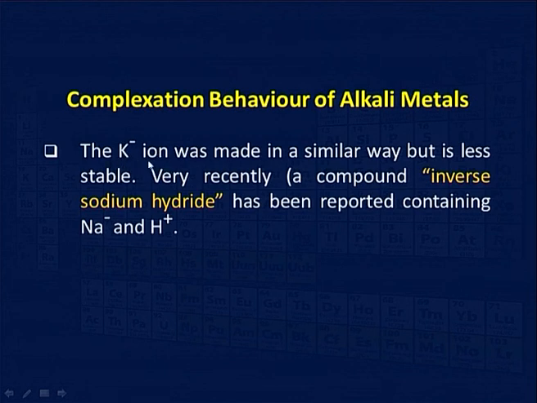There has also been very recently a formation of inverse sodium hydride, with Na negative and H positive. By creating those types of conditions, this has been prepared, but generally this chemistry is very new and beyond the scope of the students.